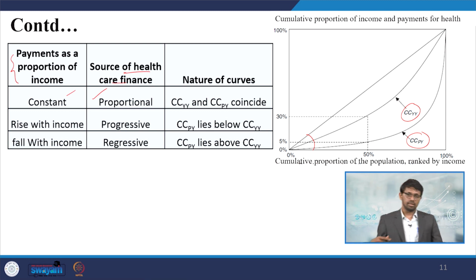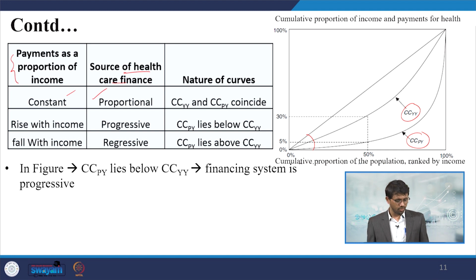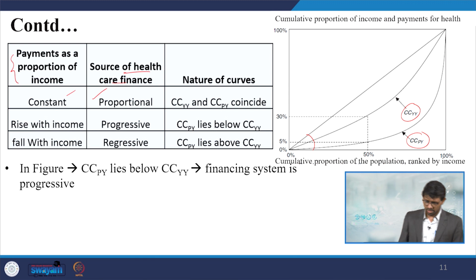With the rise in income, that is basically the progressive changes in income, and the sources of healthcare finance are also progressive, in that case CCPY, that is the healthcare spending, lies below the CCYY. And if it is the reverse, regressive, then CCPY lies above CCYY, that is, CCPY will be higher than that of CCYY. So, in the figure CCPY lies below, which indicates that health-wise also inequalities are very high.